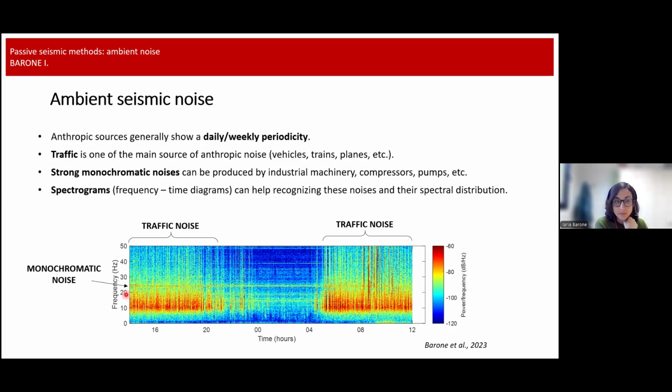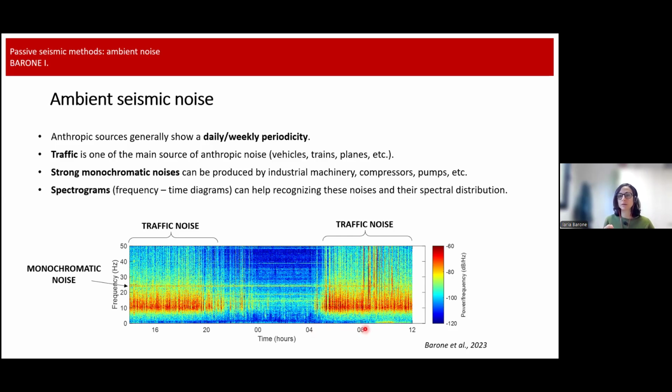We can identify some monochromatic noises that are horizontal lines, like this one at 24 hertz. And we can also identify some vertical lines. Vertical lines mean impulsive noise that spans a wide frequency range, but lasts a very short time.